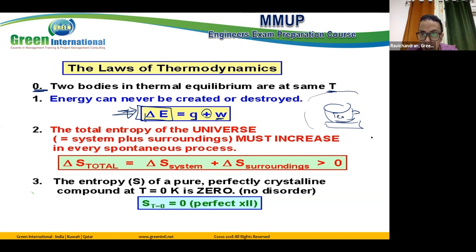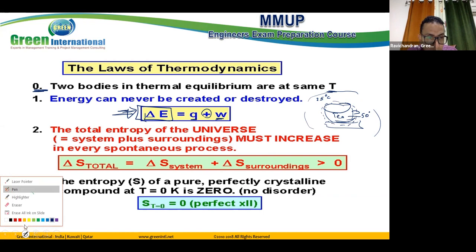And the surrounding temperature is 25 degrees C, for example, and the tea is at least 50 or 60 degrees C. If I'm going to study the system here as the tea, what do you expect? The heat should go from the cup of tea into the surroundings. So the heat is going out, correct? Yes.